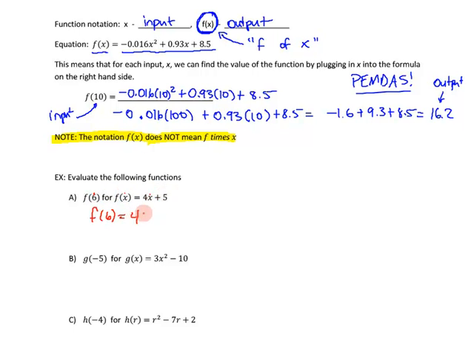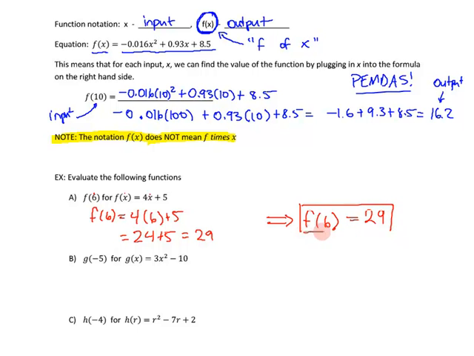So we have 4 times 6 plus 5, which I'll work out, and that's 24 plus 5, which gives me 29. So what that says is that f of 6 is 29. If 6 is the input, then 29 is the output.